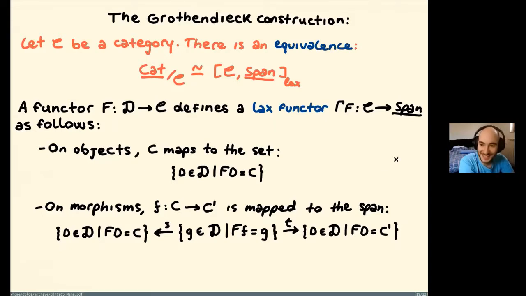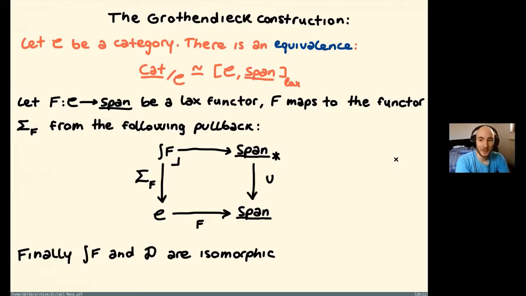And yeah, the other way around, if we have a lax functor from C to span, we can get a category, which we'll call the total category on F, and a functor, which we call the counit or the total functor on F, by just pulling this U back along F. And U is just the forgetful functor from the bicategory of pointed spans to the bicategory of spans, and this pullback is in the category of bicategories and lax functors.